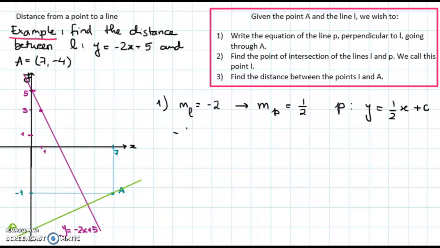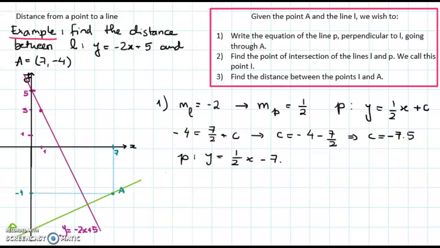So negative 4 is the same as 7 over 2 plus c, and this means that c is minus 4 minus 7 over 2, so c is minus 7.5. So P has equation y equals half of x minus 7.5.